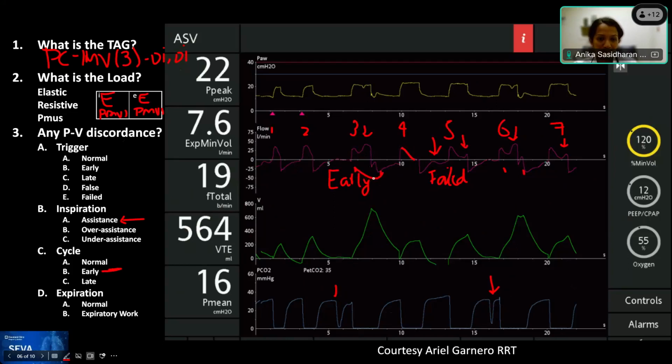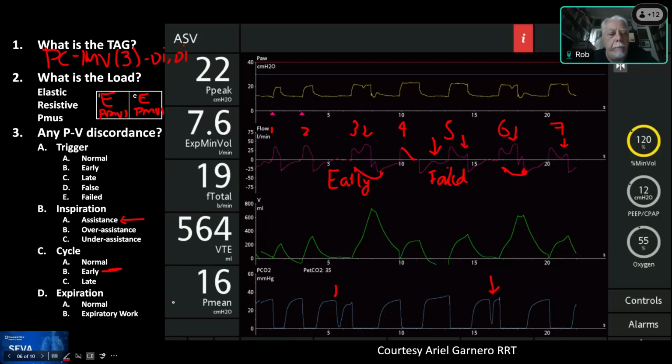So if anything, this would be early cycle, but as we've talked about in previous vent rounds, we go in order, and early trigger is likely to cause early cycle, and we'd still mostly only focus on the early trigger and try to fix that one first. Even here, the PMUS ends somewhere here, but the breath has been cycled off before that. So this would be an early cycle.